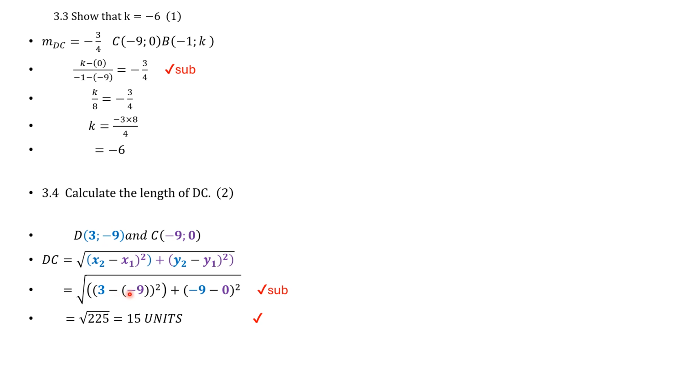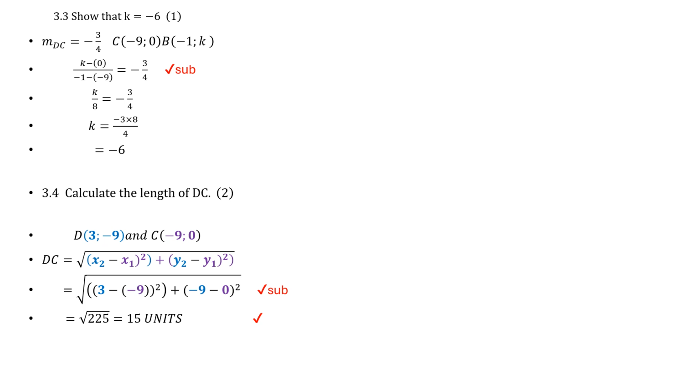That gives me 3 plus 9 is 12 squared, which is 144. Minus 9 squared, 81. 144 plus 81 gives me 225. And the square root of 225 gives me 15. We didn't give any units, SI units or centimeters, meters, so then we have to write the word units. So this is 15 units long for DC.